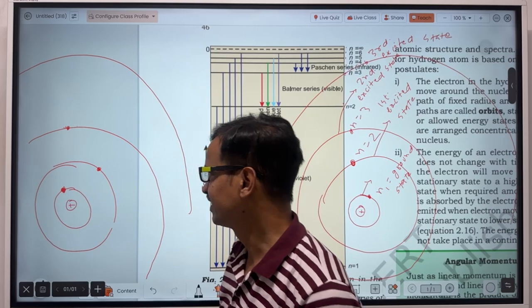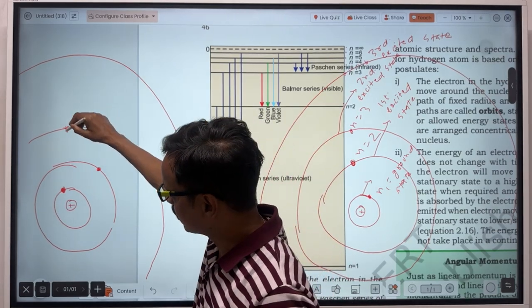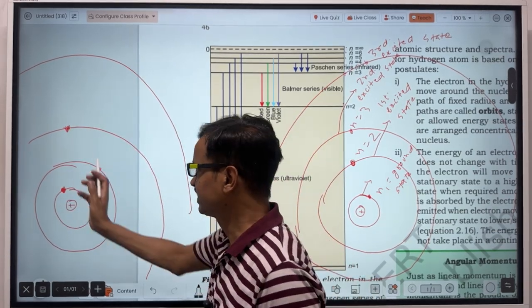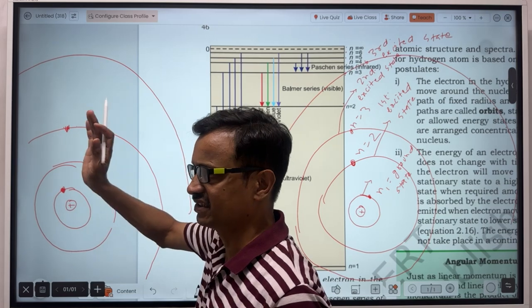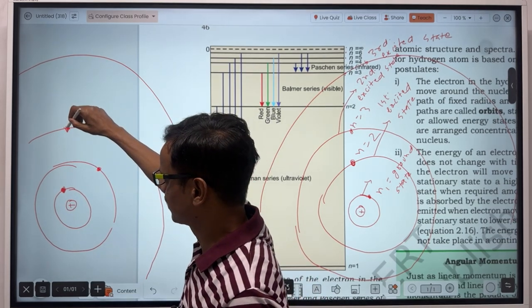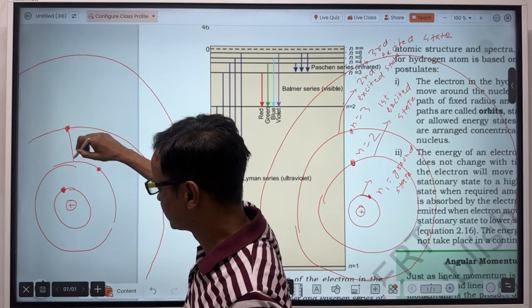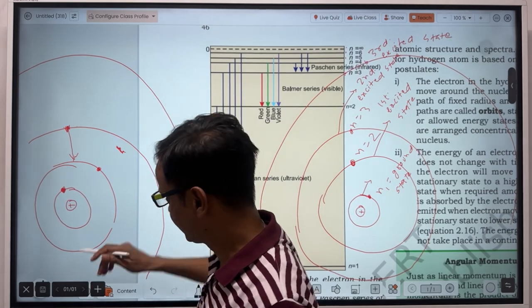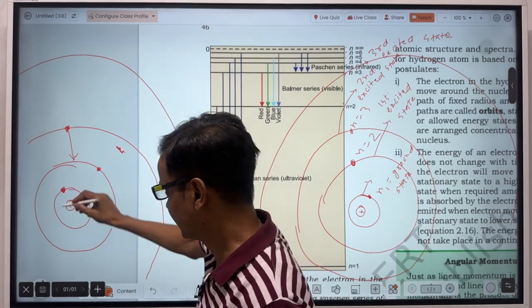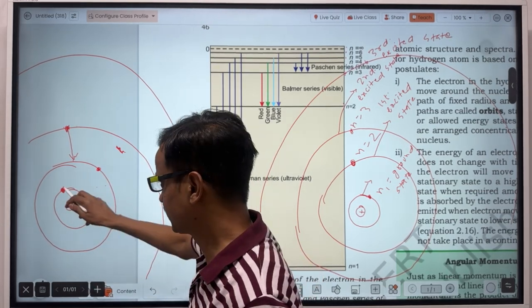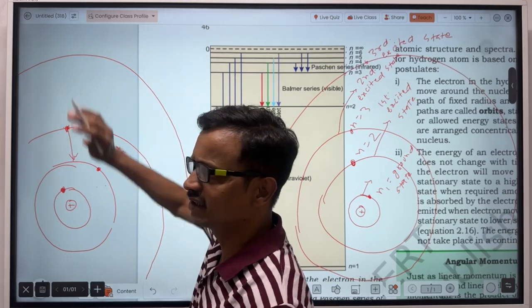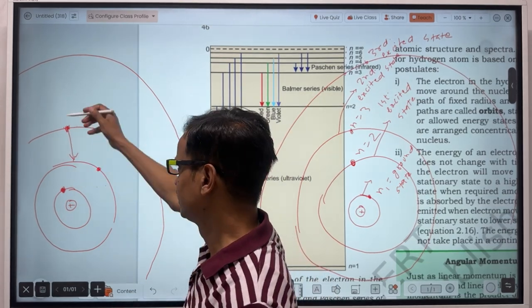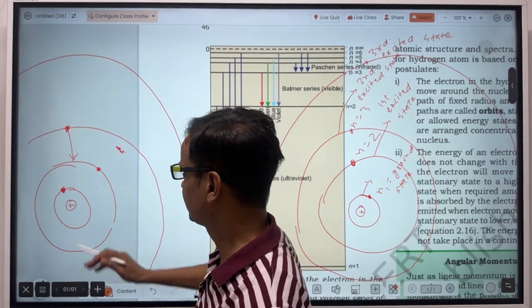When the atom releases the energy, the electron present in a higher energy level will fall into a lower energy level. When energy is provided to the hydrogen, the electron in the ground state jumps into a higher energy level or the next shell.